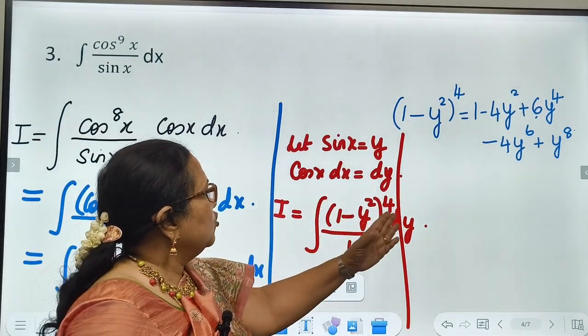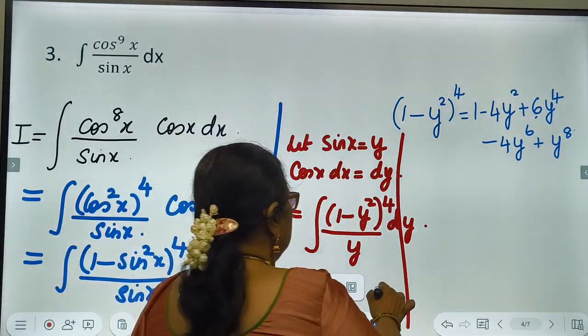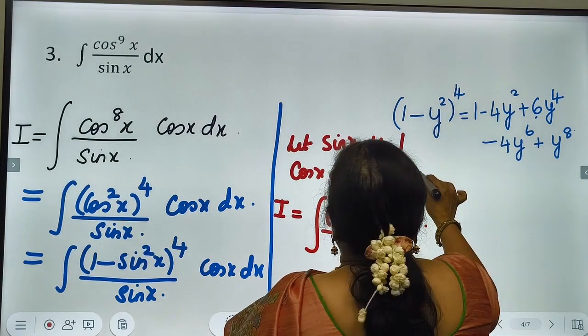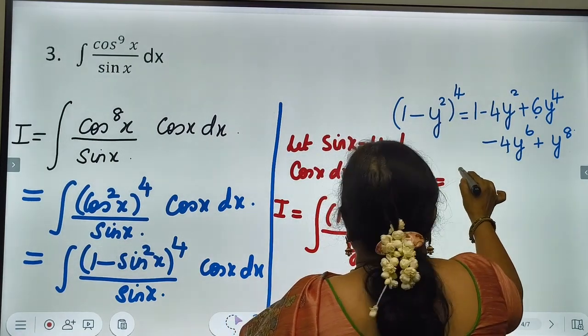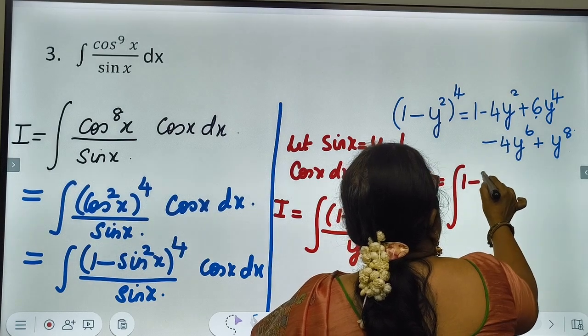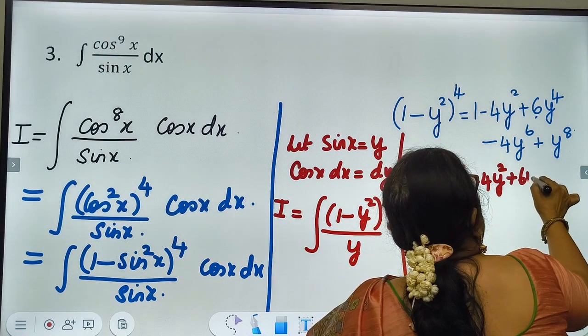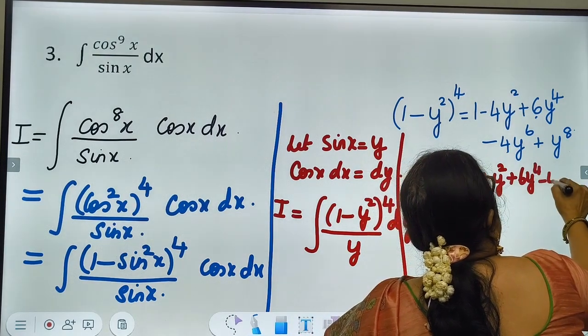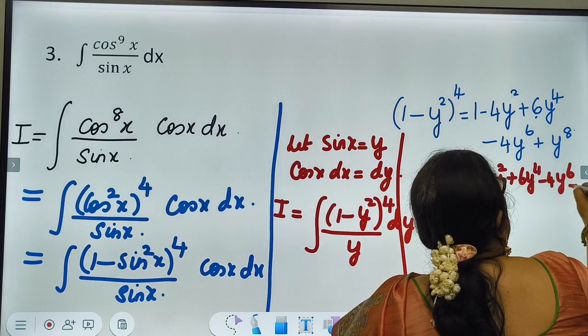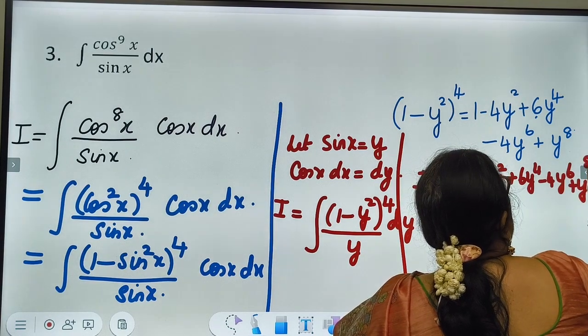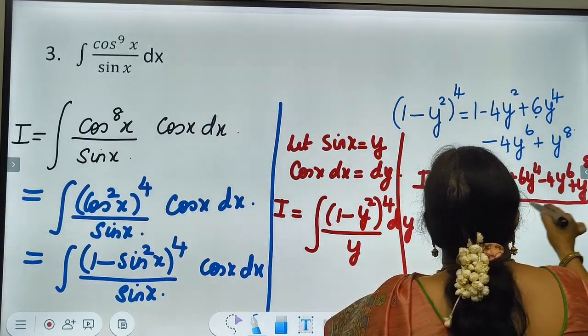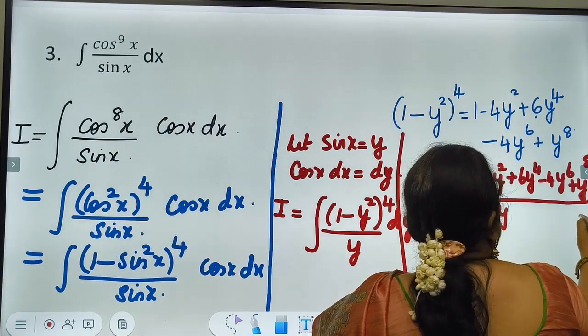So that is what I have used to expand this. So I will be equal to integral of 1 minus 4y square plus 6y power 4 minus 4y power 6 plus y power 8 divided by y dy.